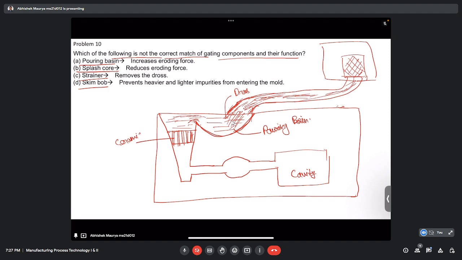Since ceramic has a very high melting point, they don't get melted. You have also heard the words like foams or filtering foams. Those are made up of ceramic, and their job is to filter out any kind of solid impurity if it is there inside the molten metal.